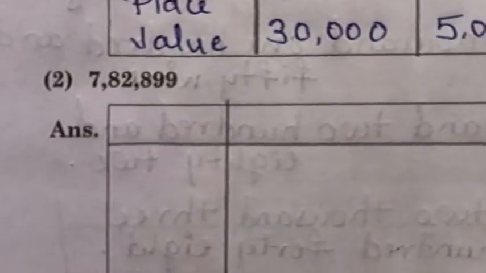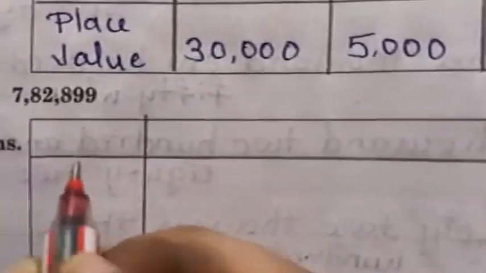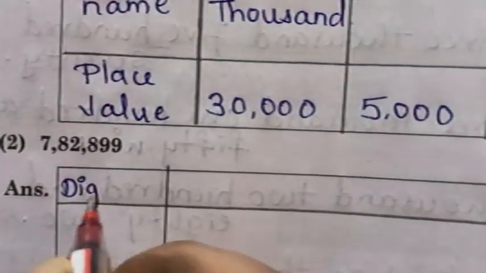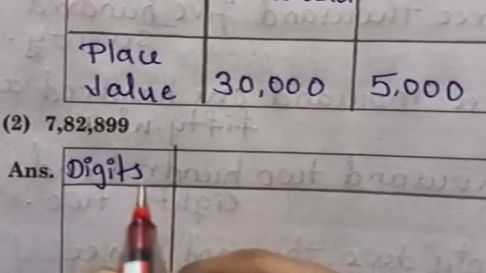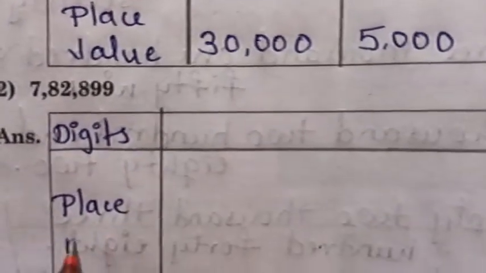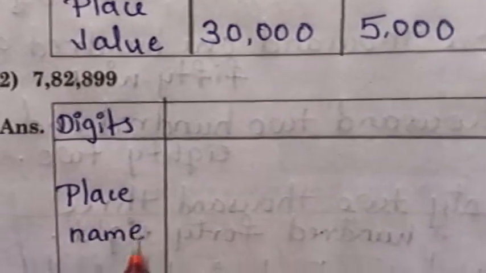Clear? So the first step is that first we will write the names. First you will write here digits, then place name, and then place value. Is that clear?